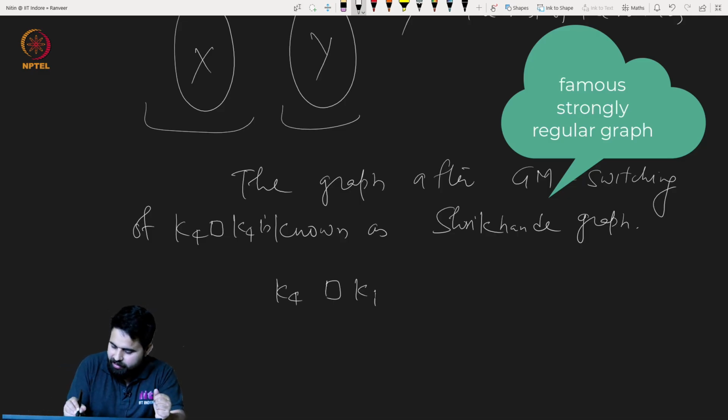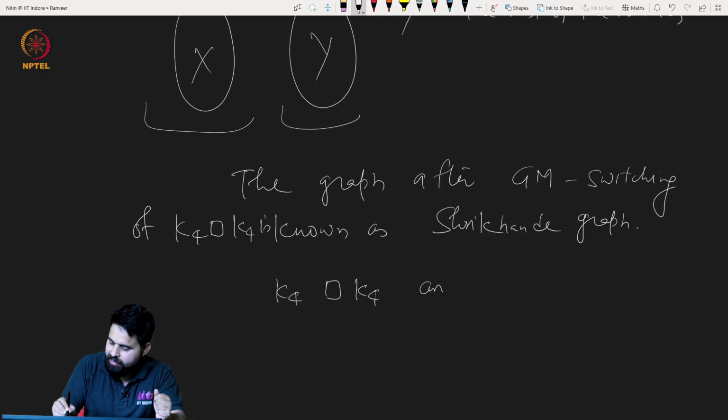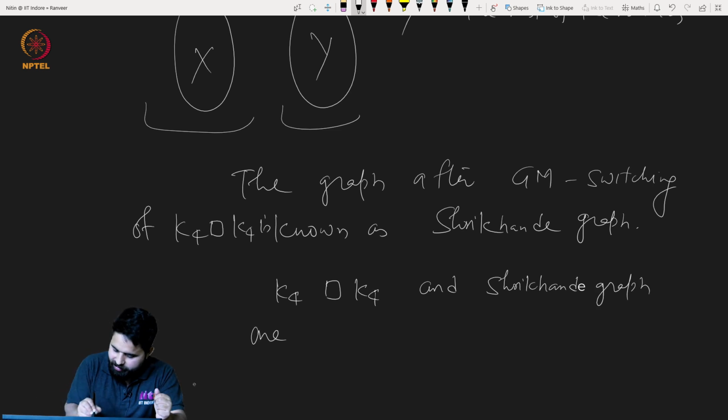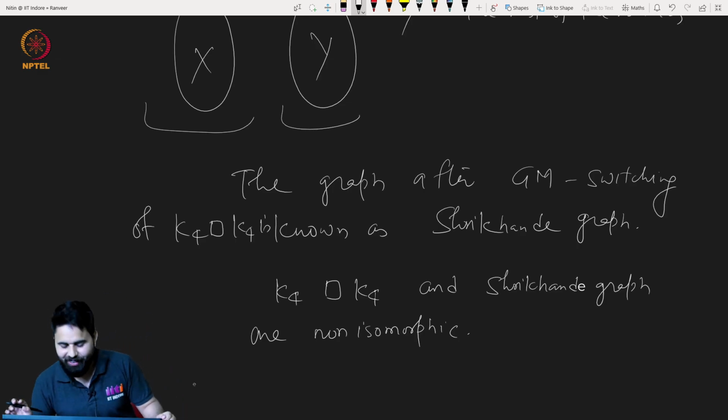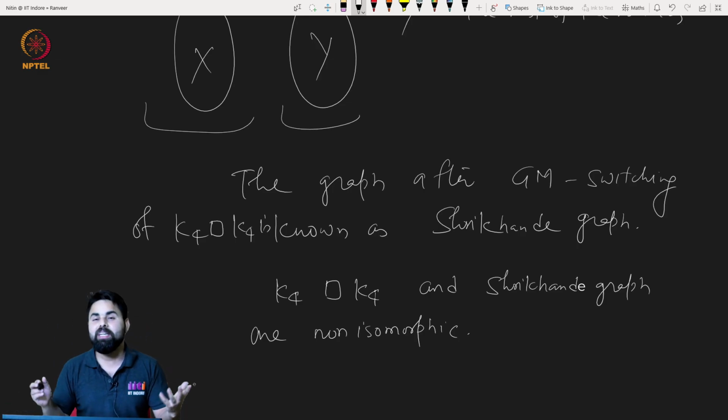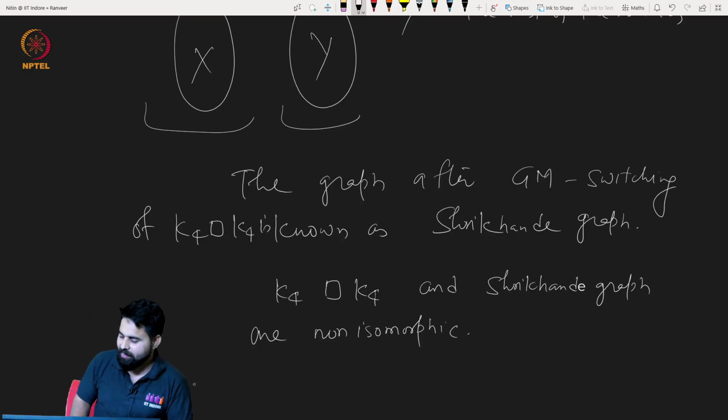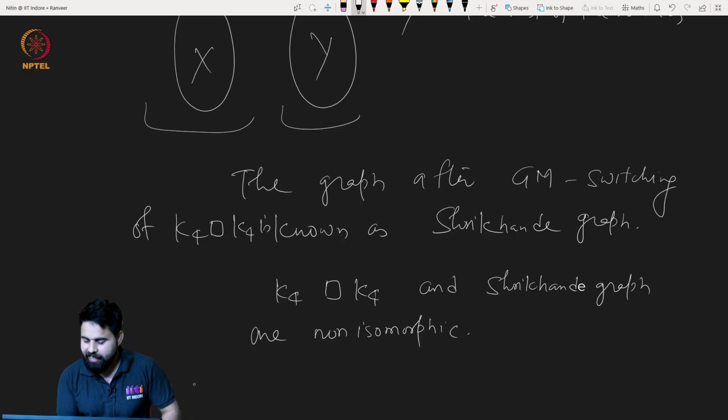So K4 box K4 and the Shrikhande graph are non-isomorphic. Very good. So we have seen a very nice use of GM switching to generate a graph, in fact a very well-known graph that we call the Shrikhande graph.